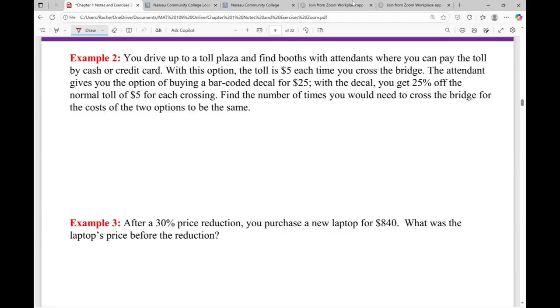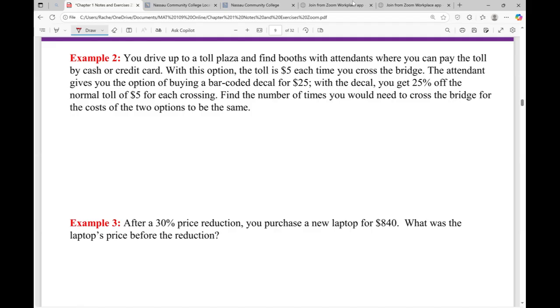So find the number of times you would need to cross the bridge for the cost of the two options to be the same. Right? So option 1 is just pay $5 every time you cross the bridge. Option 2 is pay $25, but you're going to get 25% off each trip of $5 over the bridge. So how many times do you have to cross in order for these two options to be the same?